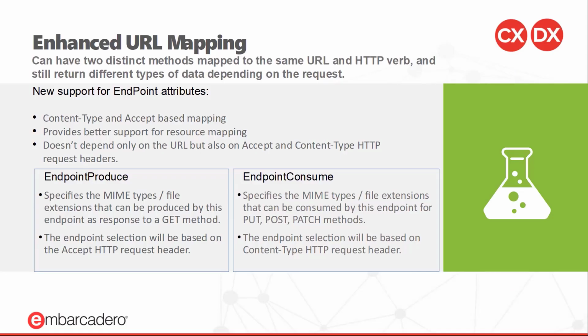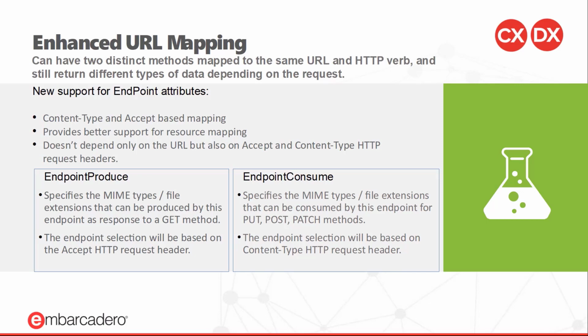So RAD Server also has new support for endpoint attributes for content type, and accept-based mapping can provide better support for resource mapping, which doesn't depend only on a URL, but also on the accept and content type request headers. This means you can have two distinct methods mapped to the same URL and HTTP verb while returning different types of data depending on the result.